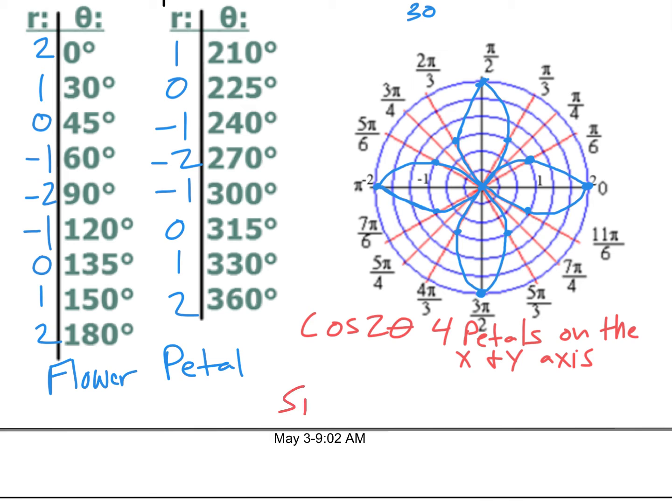If you did sine of 2 theta, it would still be 4 petals, but they would be inside the quadrants. With each one of those flower petals, you see how it's kind of centered right on the x and the y axis? With sine, they would still look the same, but they would fully be within each of the 4 quadrants.